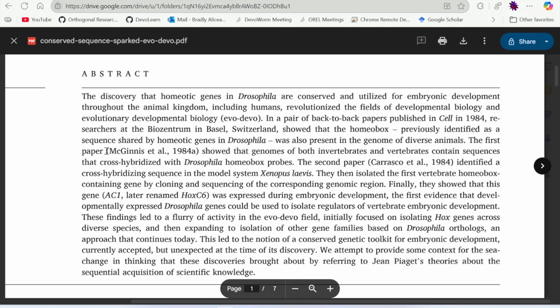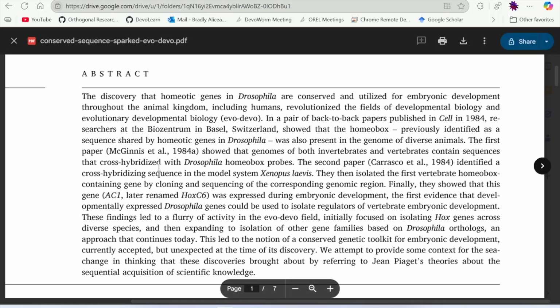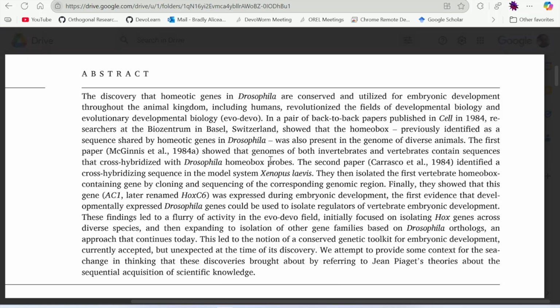The first paper, McGinnis, 1984, showed that genomes of both invertebrates and vertebrates alike contain sequences that cross-hybridized with Drosophila homeobox probes. What that means is that these homeobox genes that you see in Drosophila probably have their origins in the common ancestor of vertebrates and invertebrates. So this is something that's deeply conserved and has a deep phylogeny in animals.